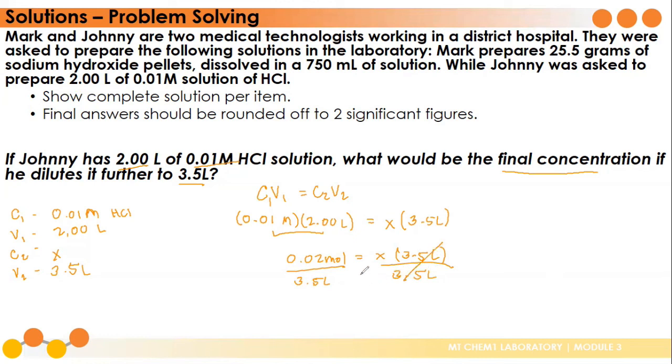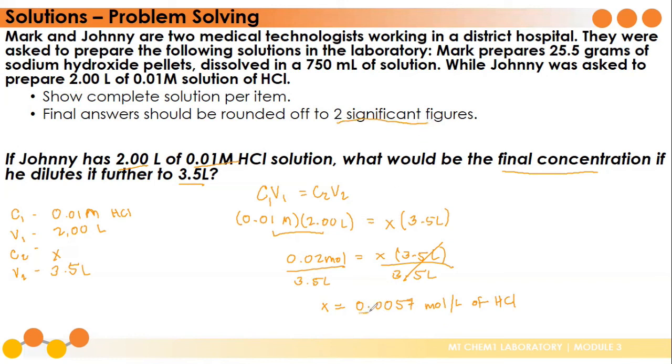When you cancel this out, you'll be remaining with X. Divide 0.02 by 3.5 and you will be getting the value, which is 0.0057 moles per liter of HCl. Remember that we are to round it off to two significant figures.